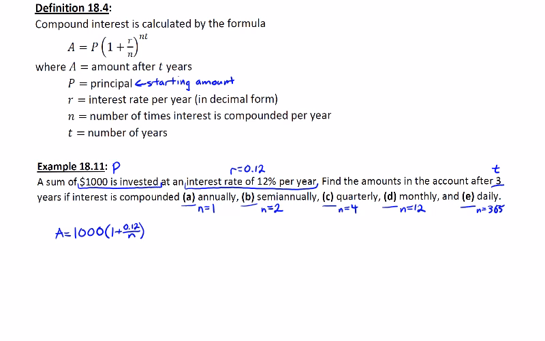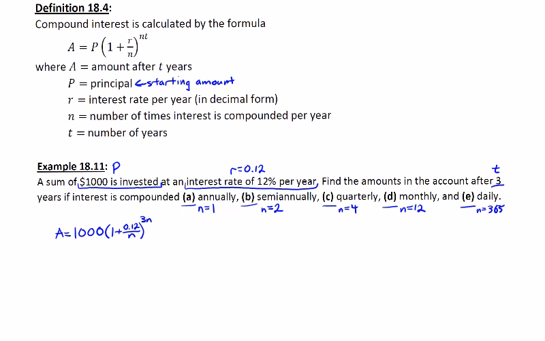And then for the exponent, we're supposed to have n times t, so I can represent that as 3n. So it has a similar structure to what we saw with that Euler's number calculation, where that was 1 plus 1 over n raised to the n. Not exactly the same, but very similar. And now we would be interested in plugging in the different values.